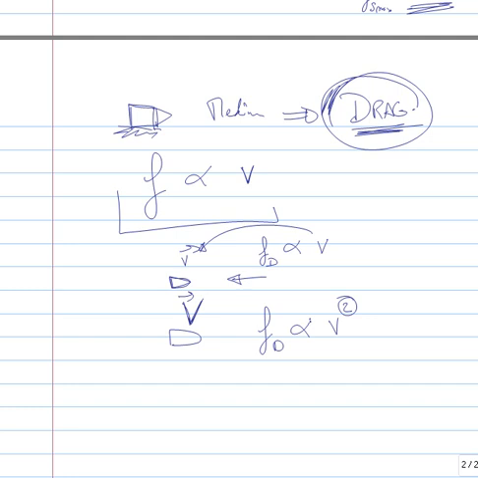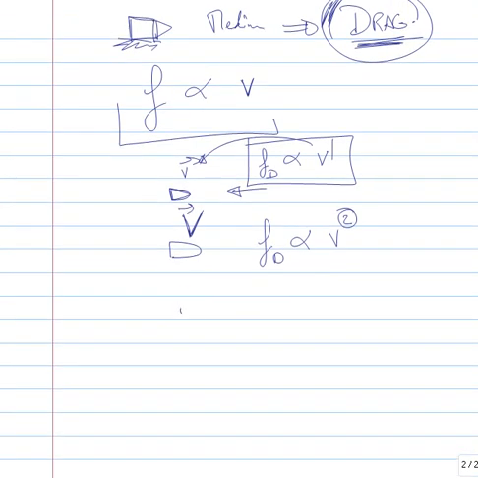Now in this class we will be dealing with drag force either proportional to velocity to the power of 1 or the power of 2. So you will see F_d equal to say A v, A being a constant obtained by experiment, or drag force equal to A v squared, where A again is just a number obtained by experiment.